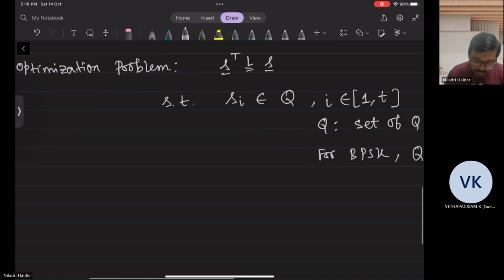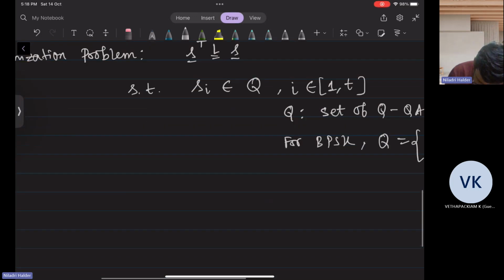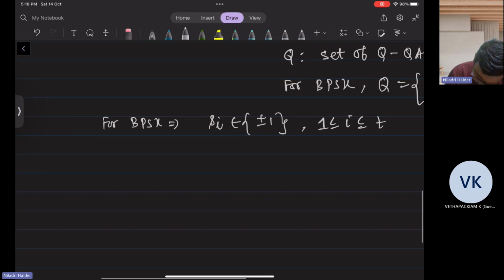So this is the optimization problem. Now for BPSK, si belongs to plus minus 1, i less than or equal to t. Then si square is equal to 1 for all i.